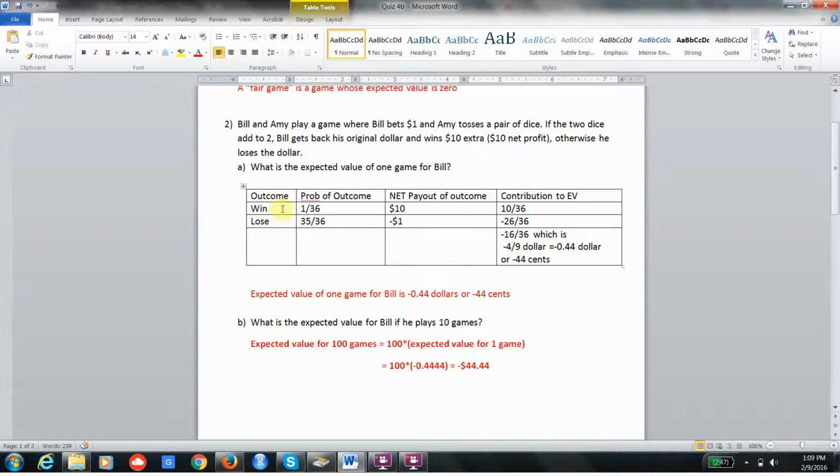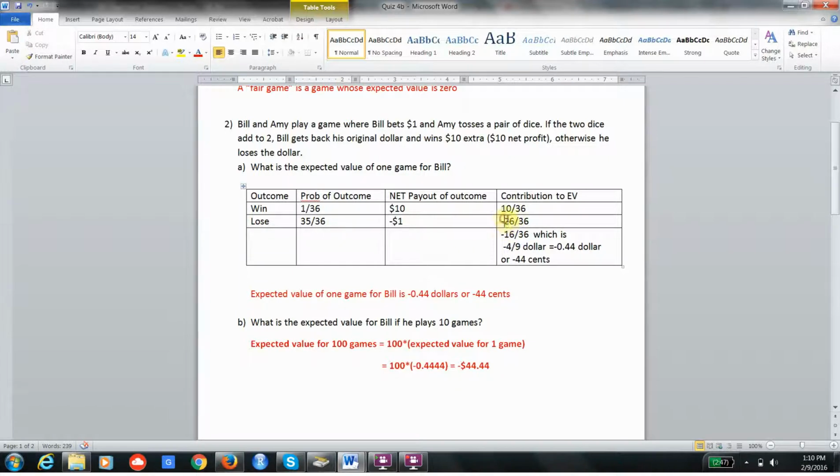There are two outcomes here. He either wins or loses. There's only one way that you can get a 2 when you roll 2 dice. Okay? And that's if you have 2 1s. And there's only one of those that occurs. So the probability that he wins is 1 out of 36. Therefore, the probability he loses is 35 over 36.